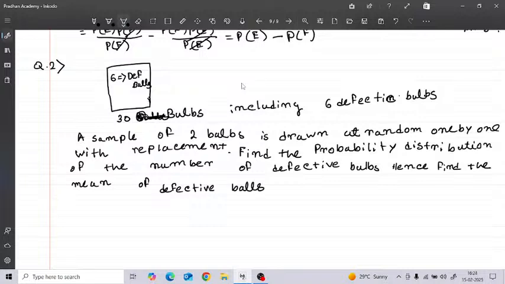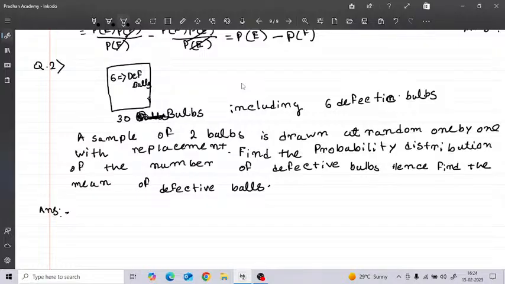Now first understand what the question is saying. It's saying that we have a lot of 30 bulbs in which 6 are defective. Then we have chosen 2 bulbs at random. Now we have to determine the probability distribution function of it and the mean.